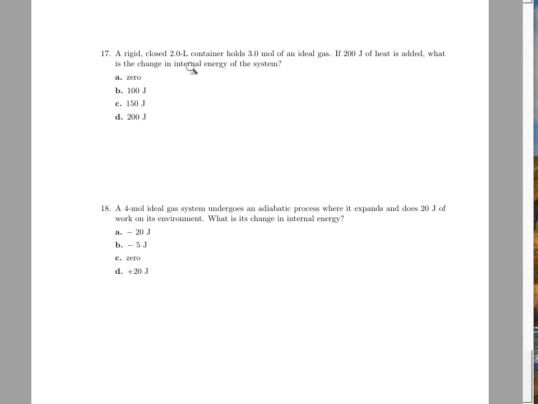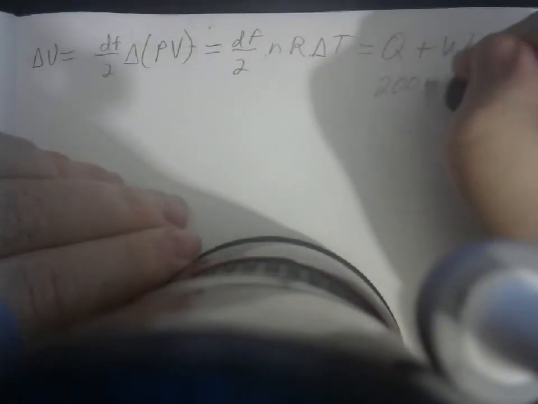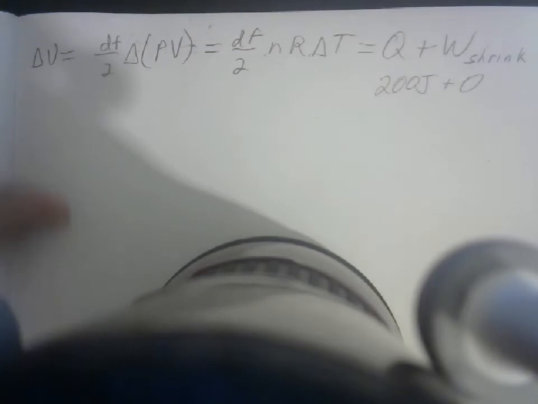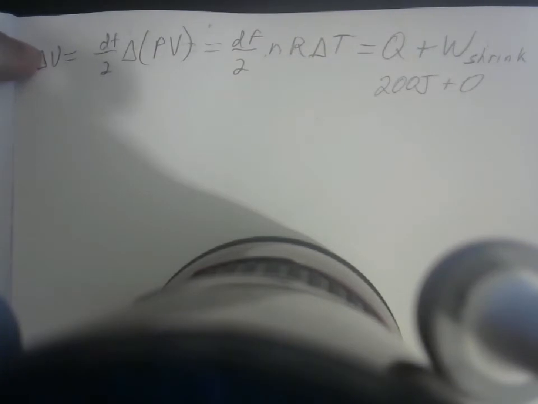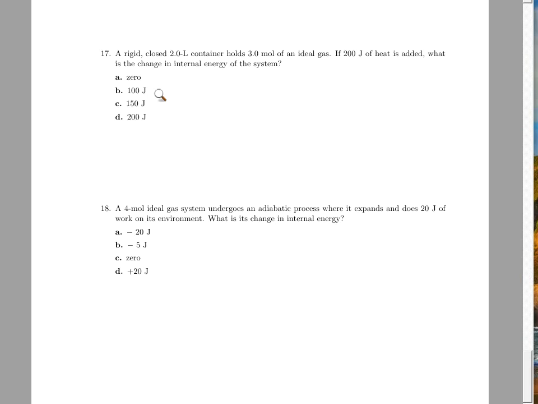So what's that tell us? It means that the work done in shrinking the gas is going to be 0. So we know it says 200 joules of heat is added, and the work done shrinking the gas is 0. We can come all the way across here and see that is equal to delta U. So the change in the internal energy of the system is also 200 joules, D.